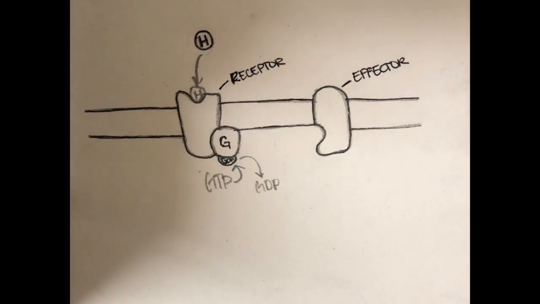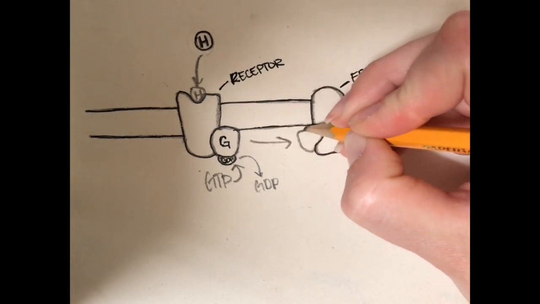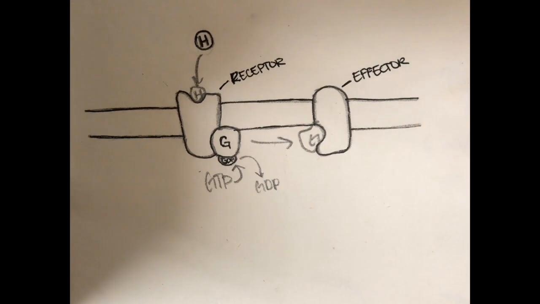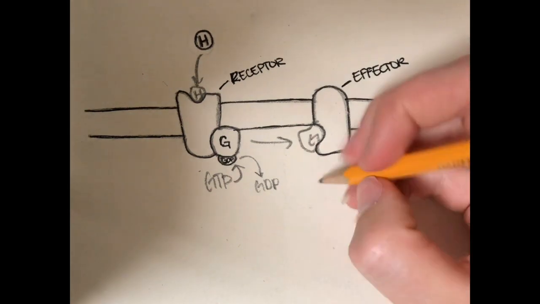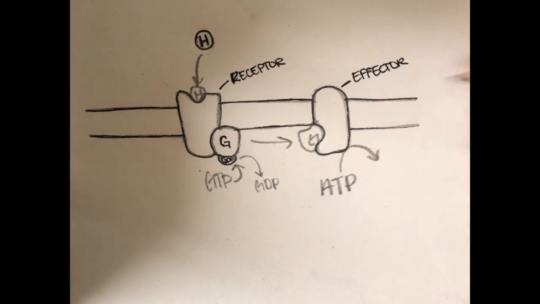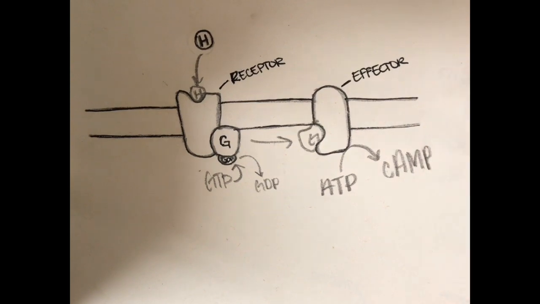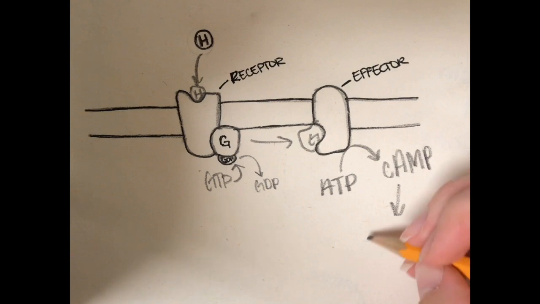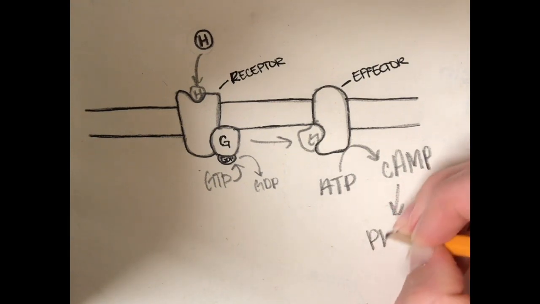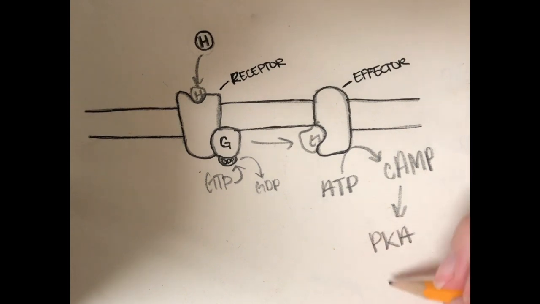The G protein then binds to the effector adenylate cyclase, which will then use ATP to produce cyclic AMP. The cyclic AMP is then able to activate protein kinases, which will then continue to trigger cellular response.